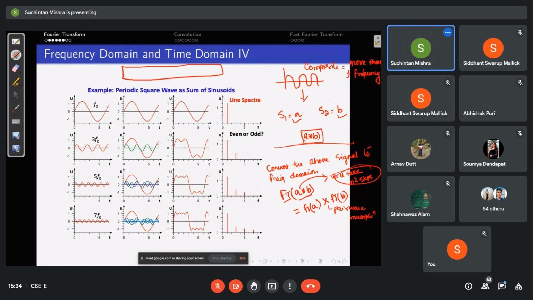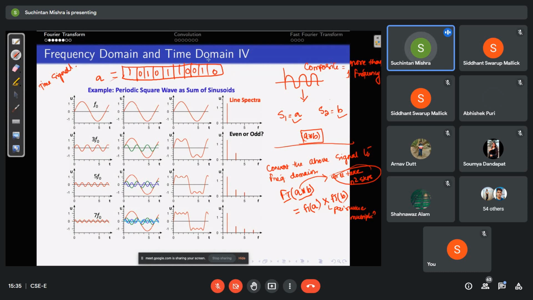Let us see how a signal is represented. A signal is basically a sequence of points. We are saying a time signal or a time domain signal. A time domain signal contains amplitude. Suppose this is the time domain signal.